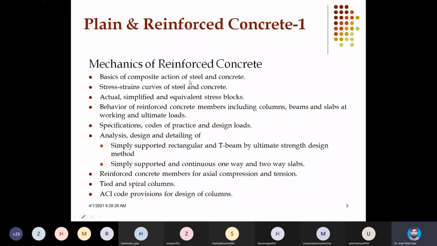So through bond between steel and concrete, this composite action is developed. So basics will be discussed here. And since two materials are involved, steel and concrete, so for both materials, their stress-strain relationships, stress-strain curves, we will also discuss.